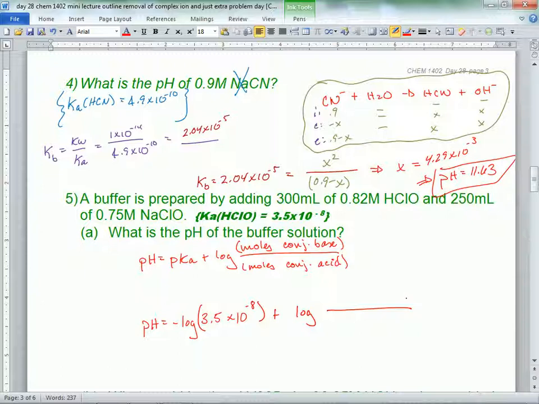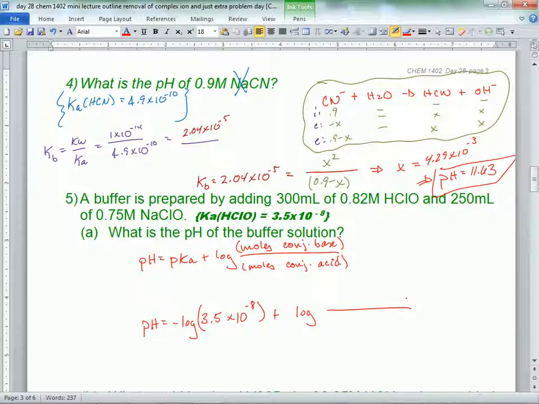Remember doing this? So pKa is just negative log. So the little p just means take negative log. So pKa must mean take negative log of Ka. Yeah.